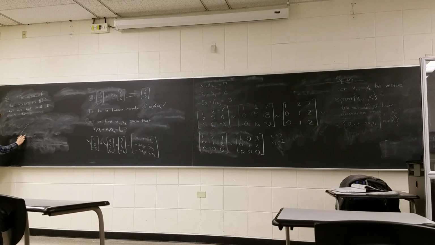What's the best way to do this? Oh. So now, easier. This vector right here, I'm going to make a line parallel to this, and I'm going to make a line parallel to this, like this.